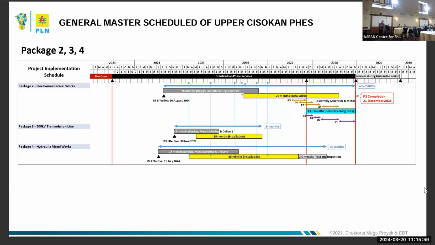Hopefully it will be done in August this year. The transmission line will also be in procurement; we hope to finish this November. The hydraulic metal work will be in July this year.